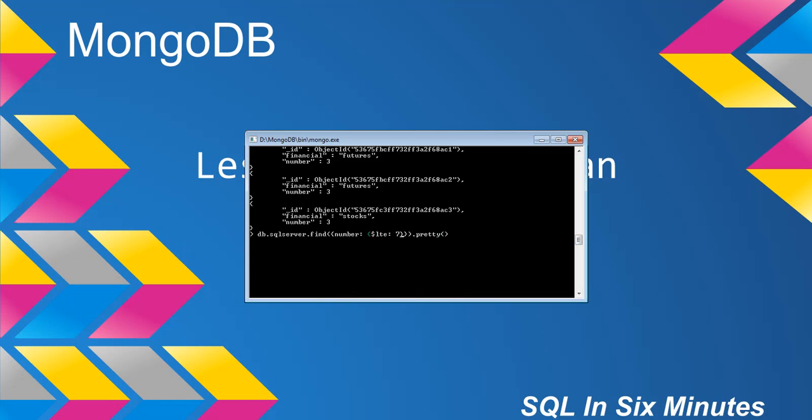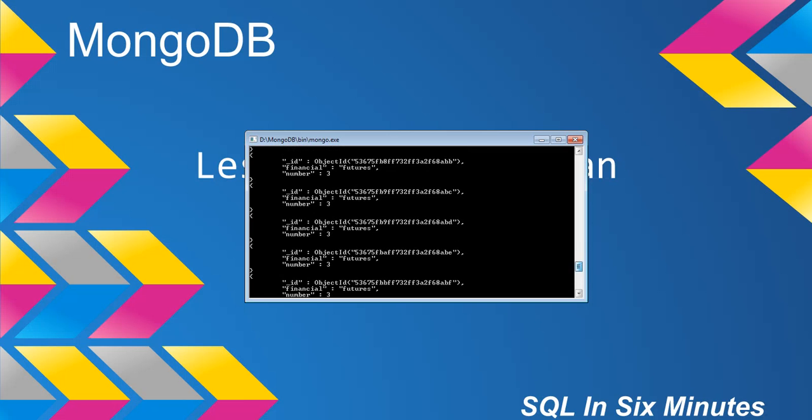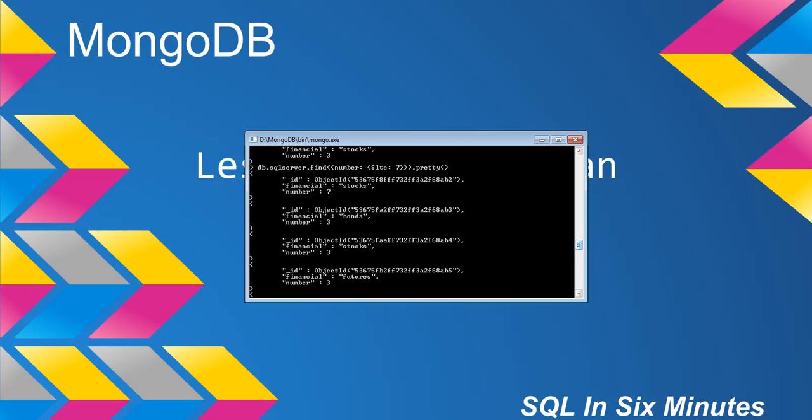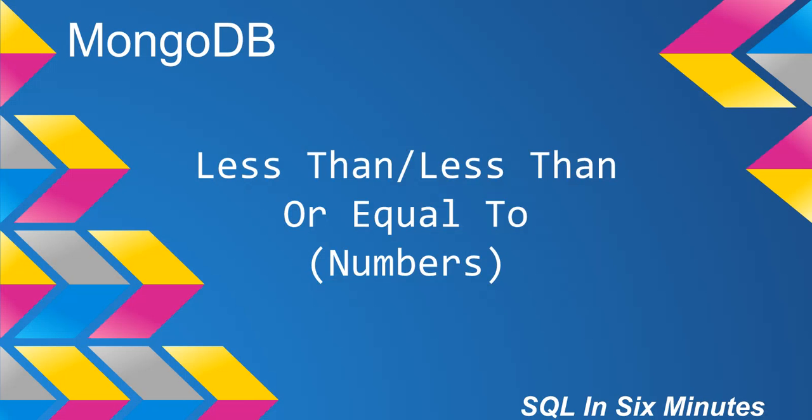Okay, so you'll see that the syntax here is the same syntax where we're finding, we're passing in the column, and now we're saying $sign instead of LT, it's LTE, less than or equal to 7, and then of course we're looking for the pretty outcome, and you will notice that it gives us the 7 as well as the 3s. So those are some simple examples involving numbers in which you are getting either the less than value or you're getting less than or equal to value.